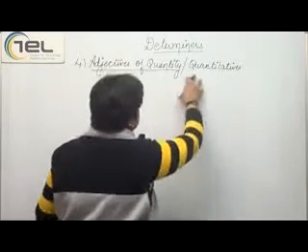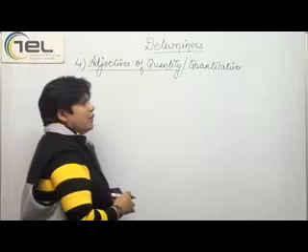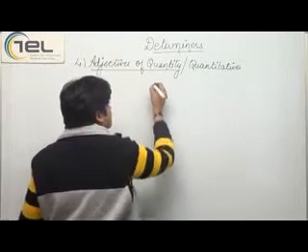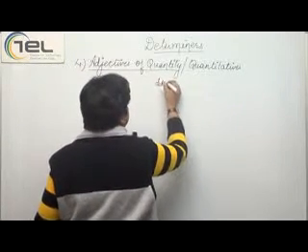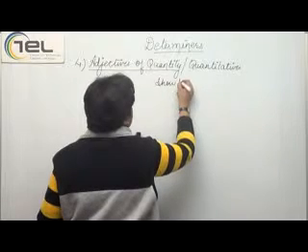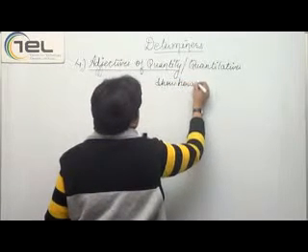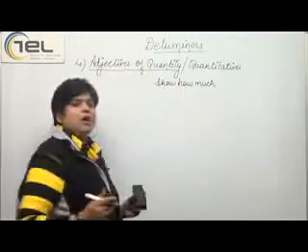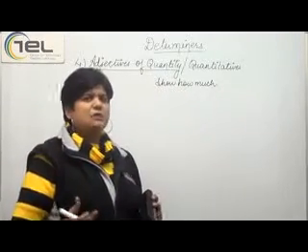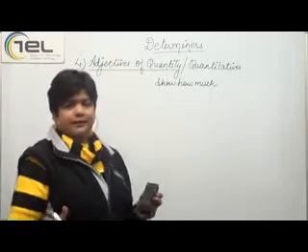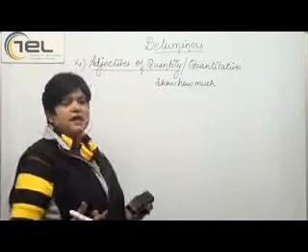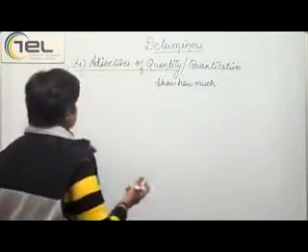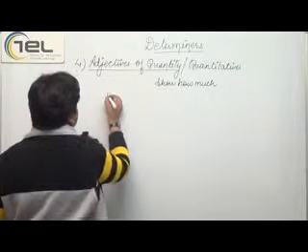Now, quantitatives or the adjectives of quantity, they show how much. Means they show the quantity. They answer the question, how much is the noun there, right? Person, place, thing, anything we can talk about. Now, let's take examples for this as well.